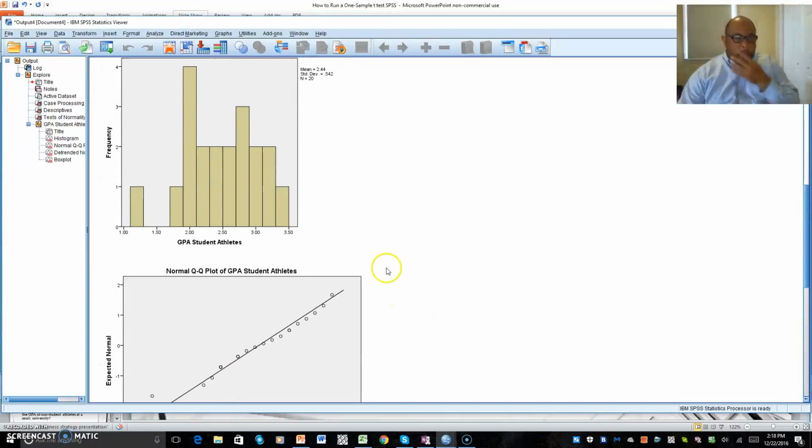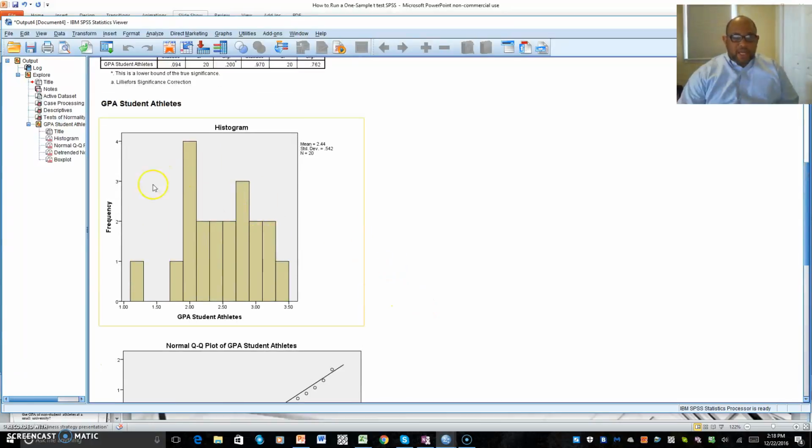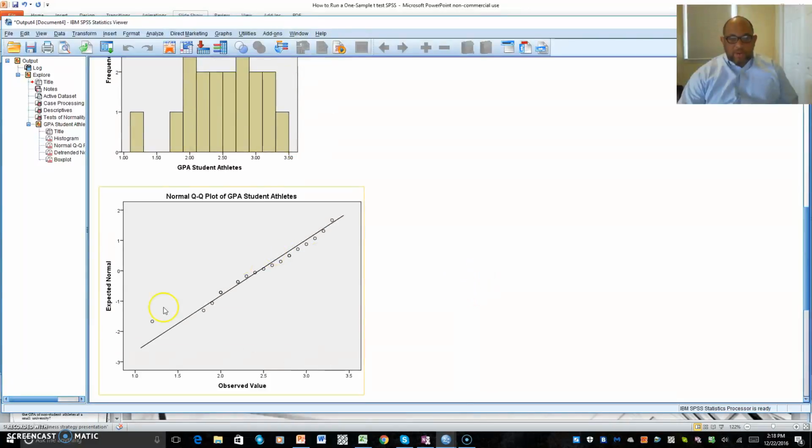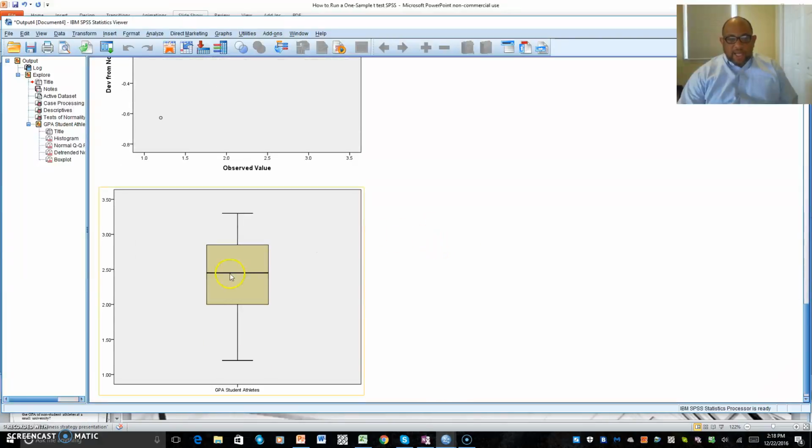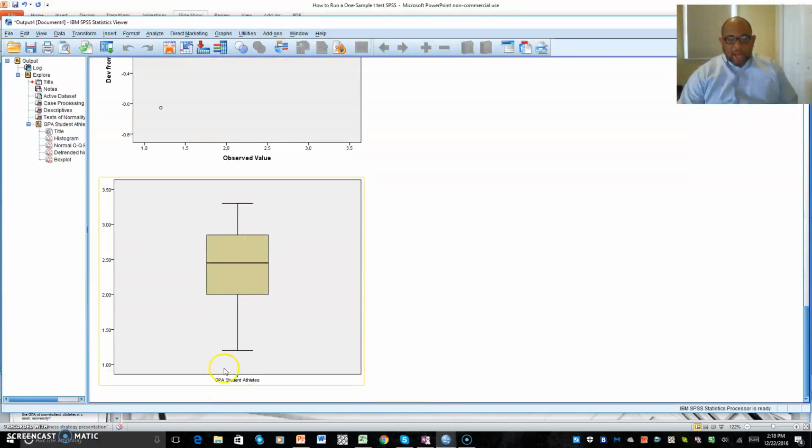We can look at our histogram, and it's not a perfect normal curve, but it has some of the shape, and we can look at our QQ plot, where very few of them are off, most of them are very close to this line here. And our bottom plot right here, the GPA of student athletes, you can see we have no outliers.